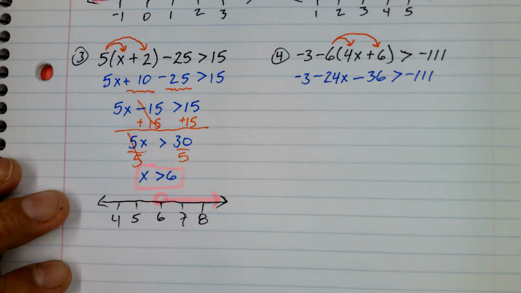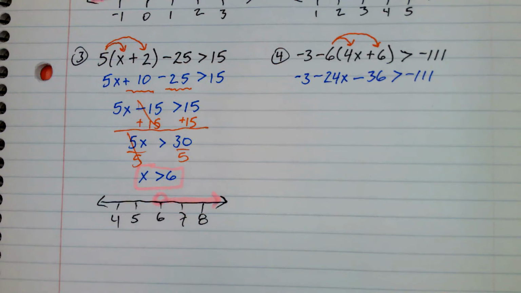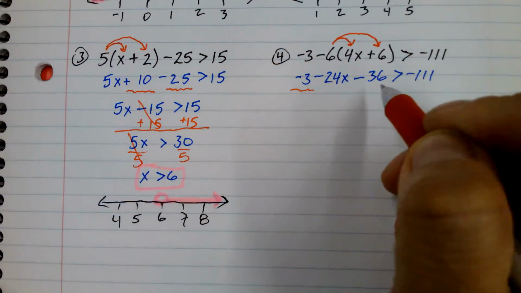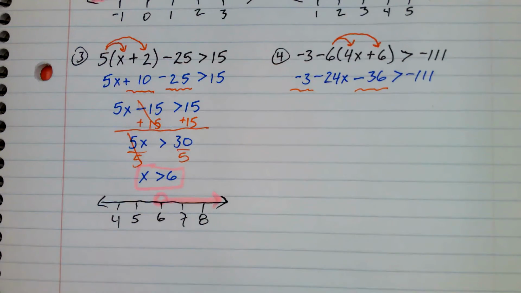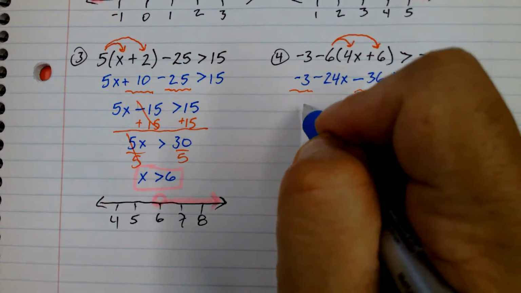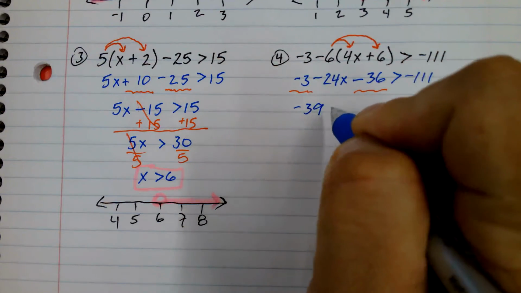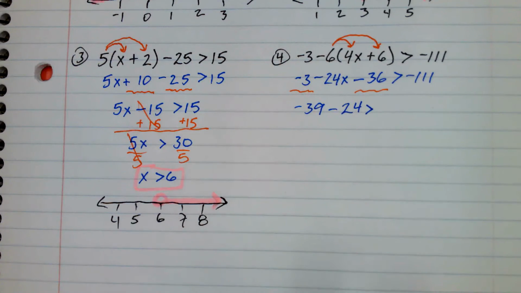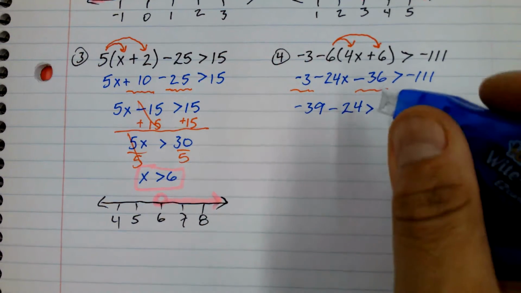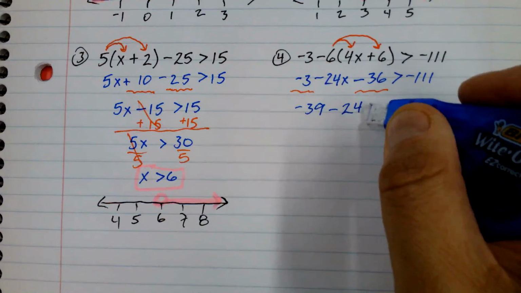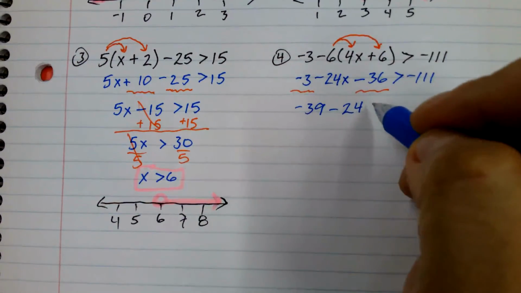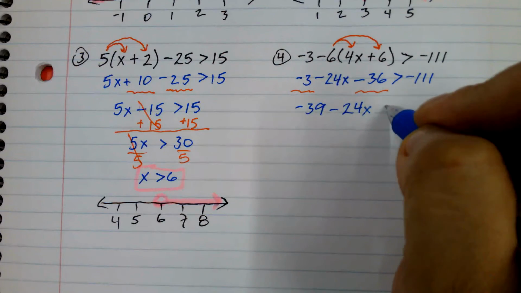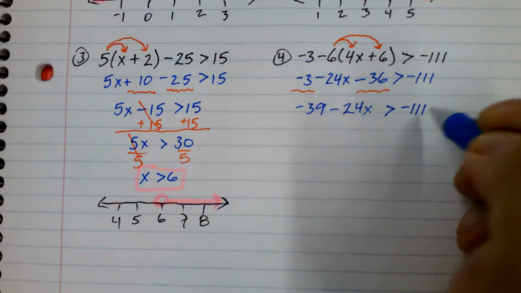Okay. All right. Let's combine. I'm going to combine negative 3 and negative 36. Those combine. Okay. So I get negative 39 minus 24x is greater than negative 111.